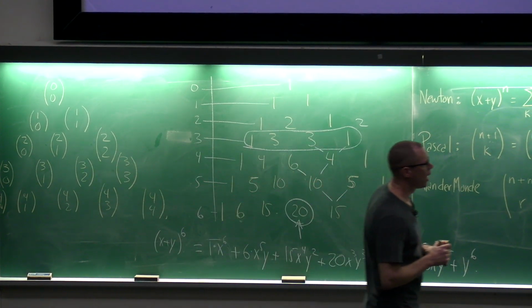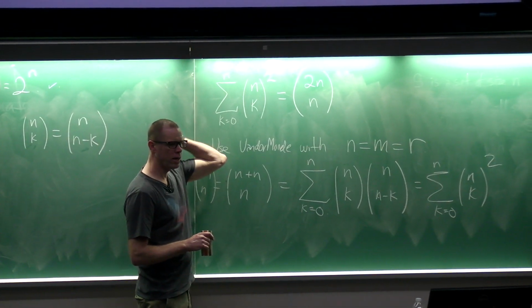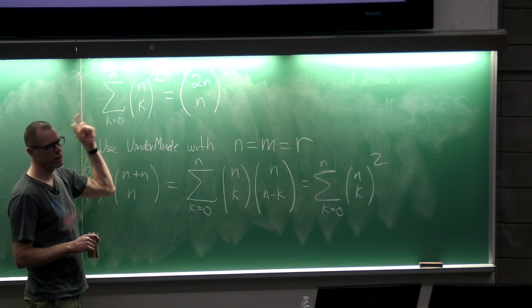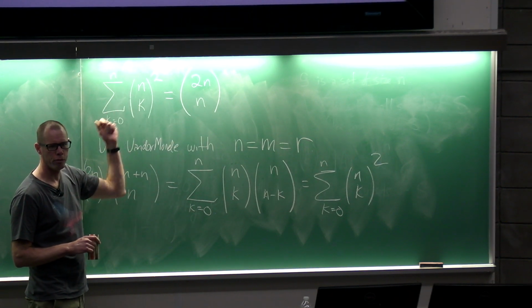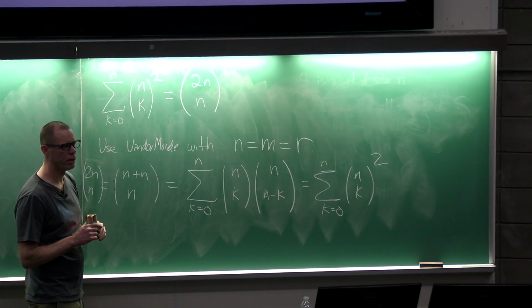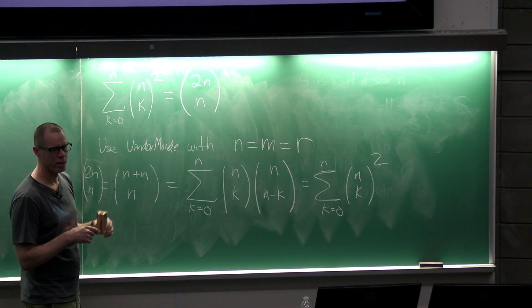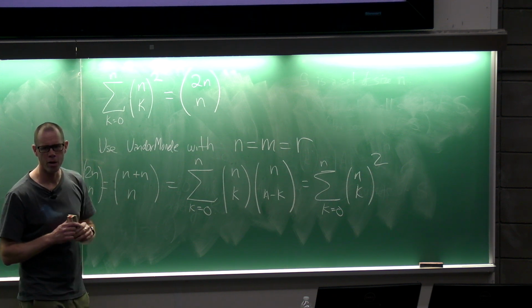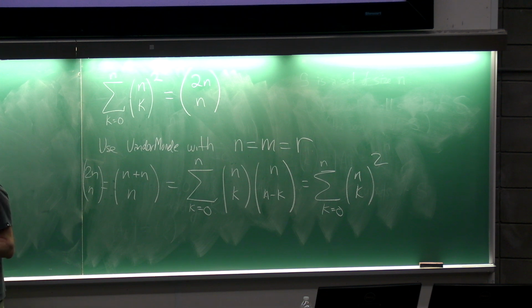If I just showed you this, and you have not seen any of these other things recently, this would not be easy to prove. It would take some real insight. You'd have to probably rediscover a bunch of things about binomial coefficients, ultimately leading to Vandermonde.